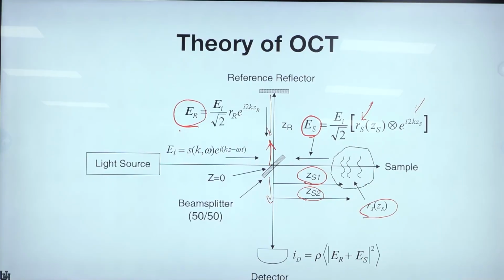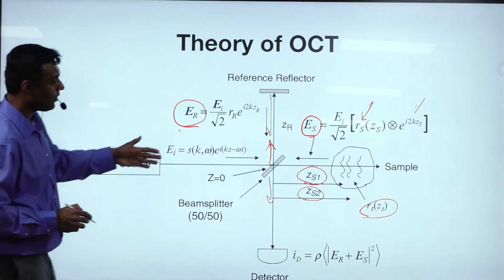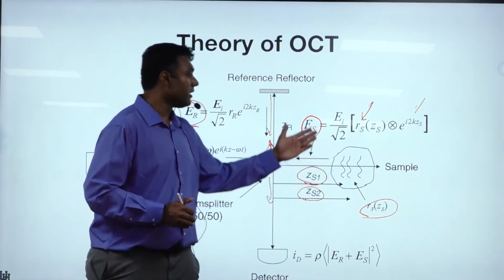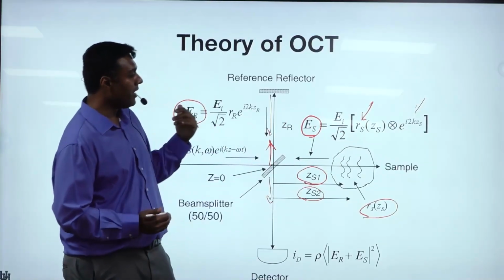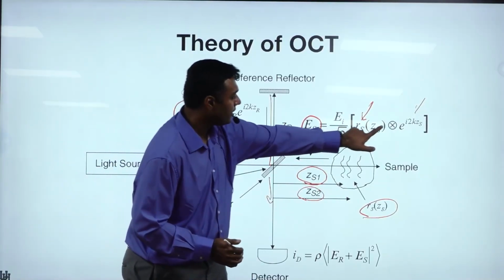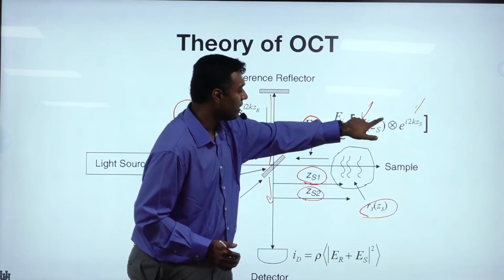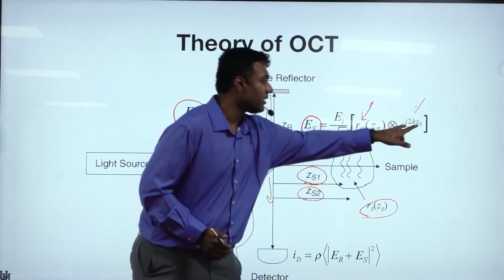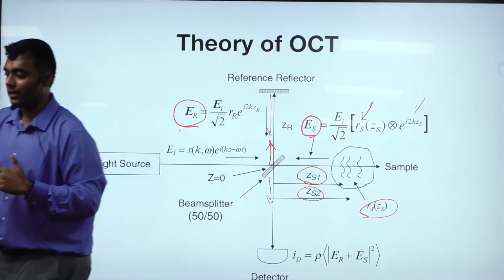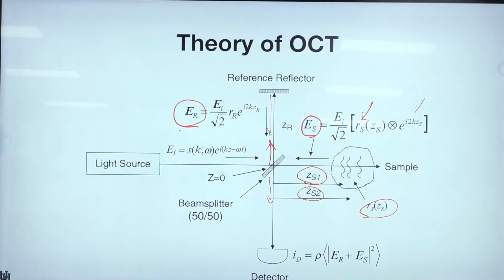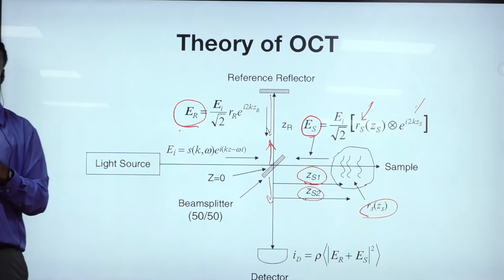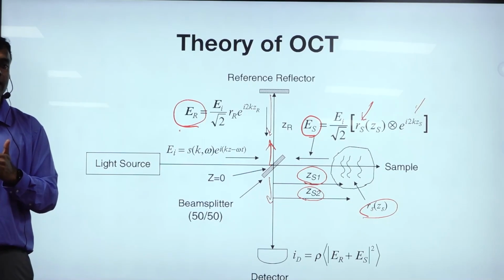So the reflectivity, if it is R_S for each of these layers, then basically what you get back is a convolution of the reflectivity at each of these layers times how much distance has been traveled. How do you know how much it has traveled? There is a certain phase change in light, right?